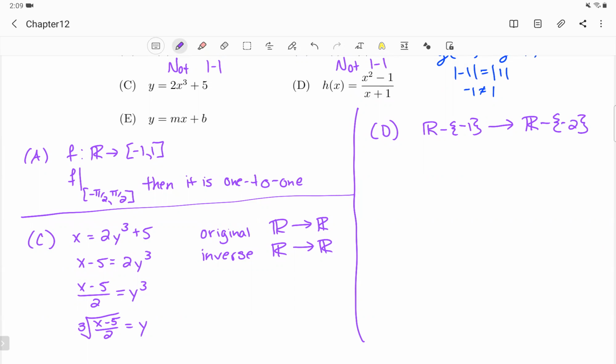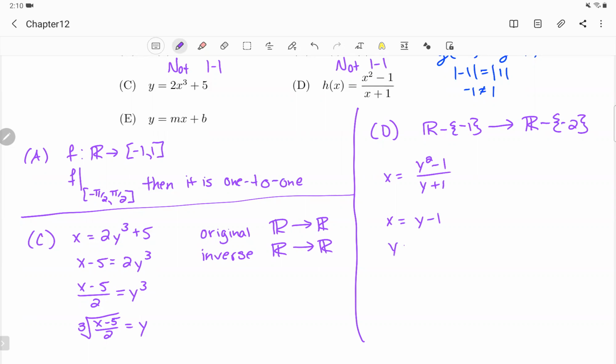So when I take its inverse, that should switch. Let's see. So we have y, well, that's the original. So let me switch. X equals (y squared minus 1) over (y plus 1). Use algebra. X equals y minus 1.